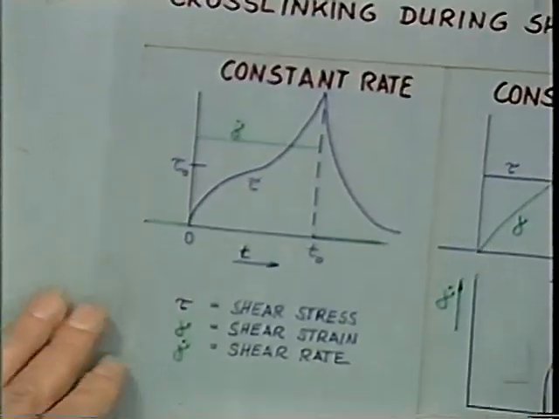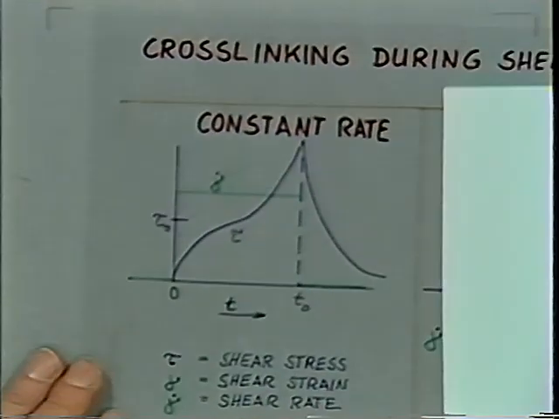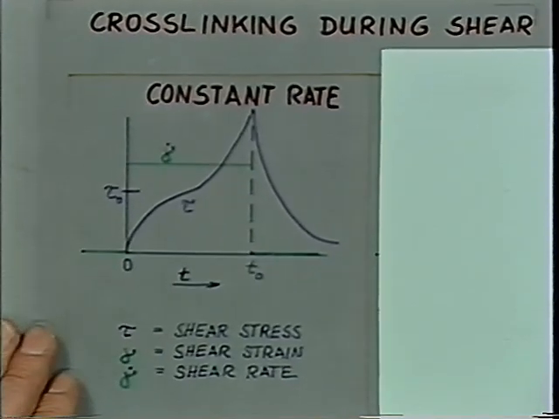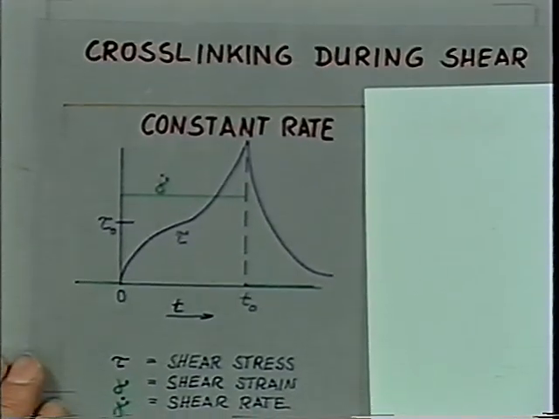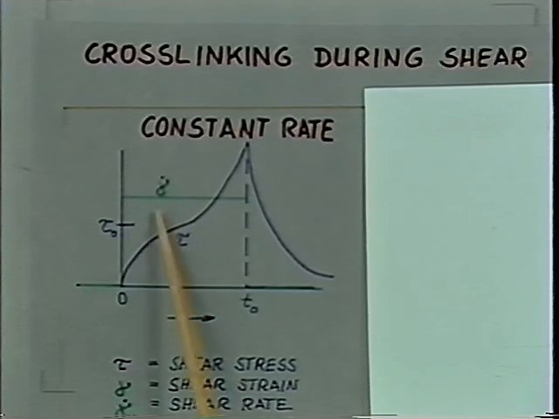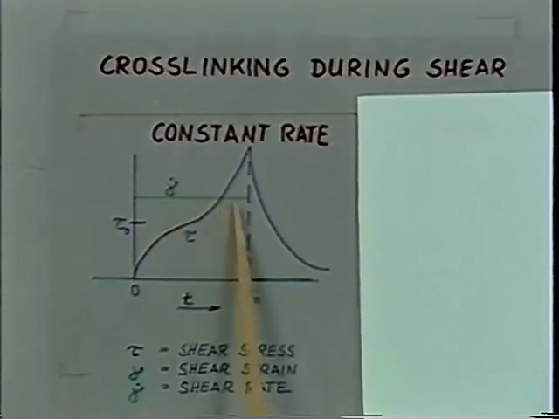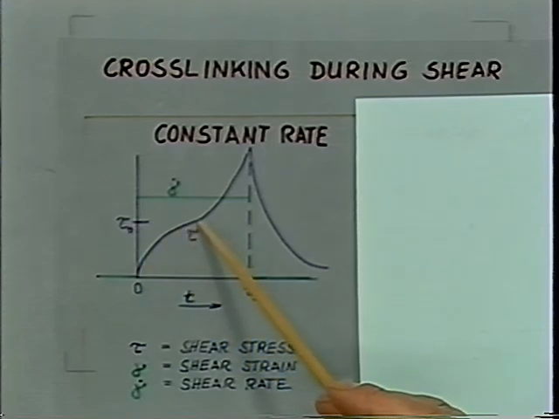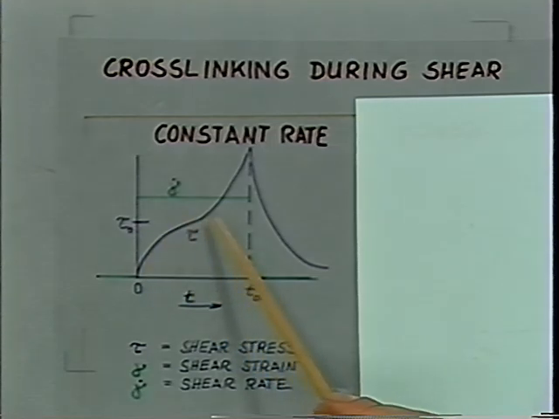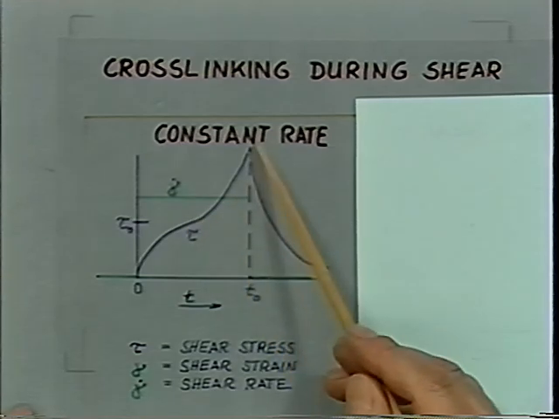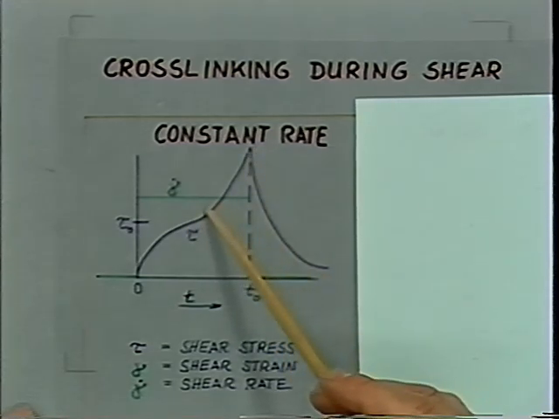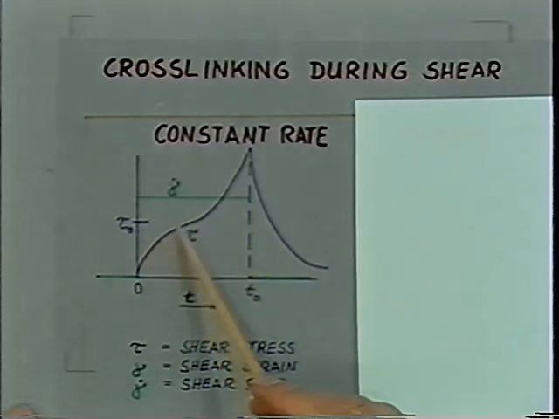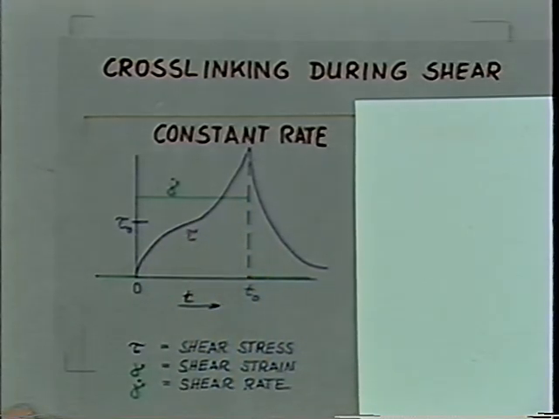So if we stay here on the left side, we could do well-defined breaking experiments by imposing a constant shear rate during the crosslinking, and then the stress will be growing, and near the gel point, there's a transition from liquid to solid, and the stress will grow very rapidly because that would be a solid behavior, while this is just the liquid behavior, just representing the increasing viscosity.